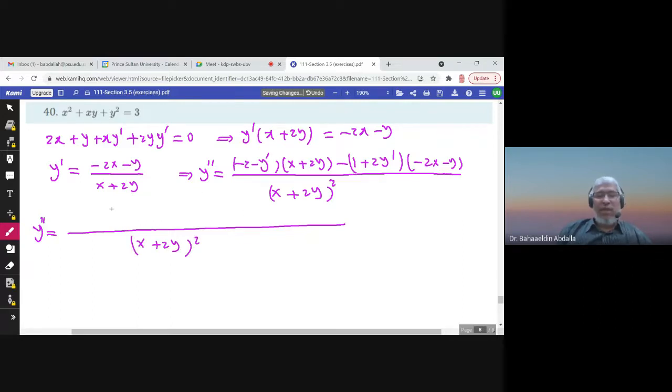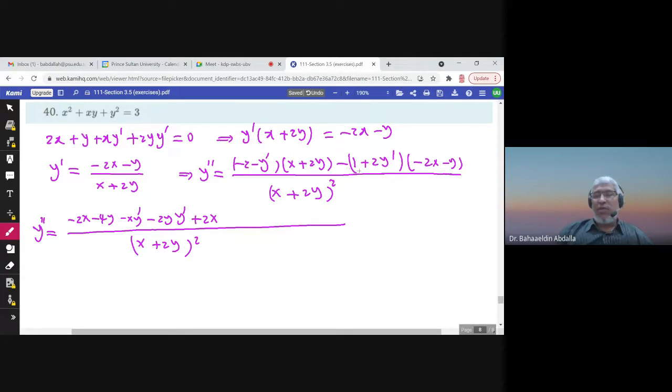Expand. Negative 2x. Negative 2 times 2y, negative 4y. Negative xy prime. Negative 2y y prime. Minus 1 times negative 2x, so plus 2x.